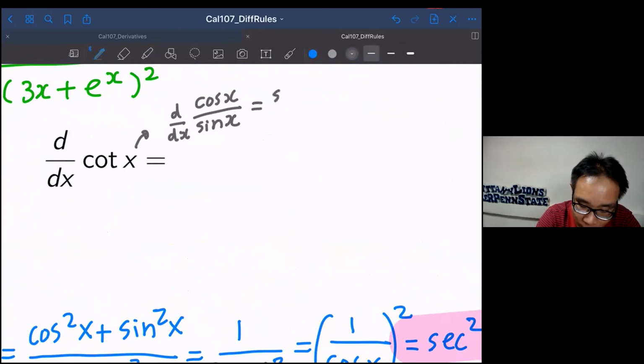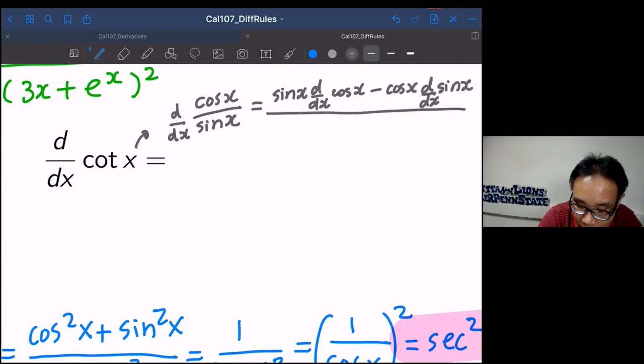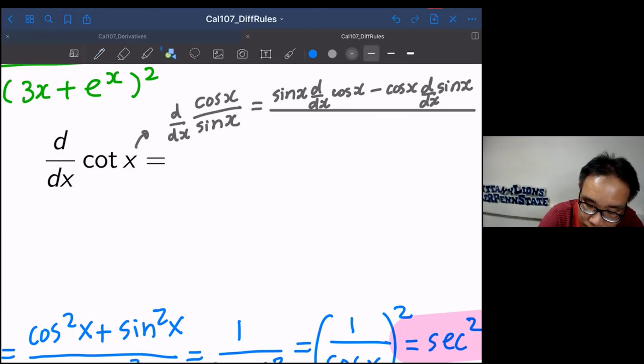So it's going to be the bottom times the derivative of the top, minus the top times the derivative of the bottom, over the bottom squared. The bottom squared is sine x squared, okay?